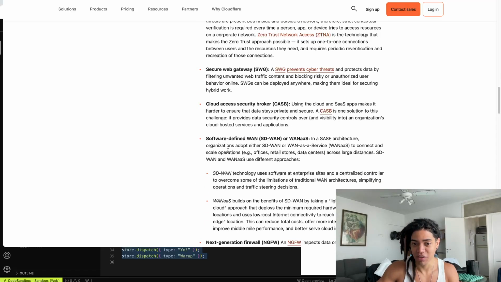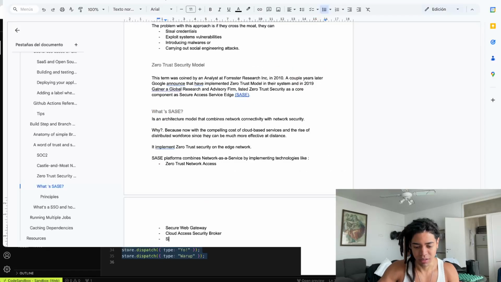In a SASE architecture, organizations adopt either SD-WAN or WAN-as-a-Service to connect and scale operations, offices, retail stores, and data centers. WAN-as-a-Service, because this is the network part.